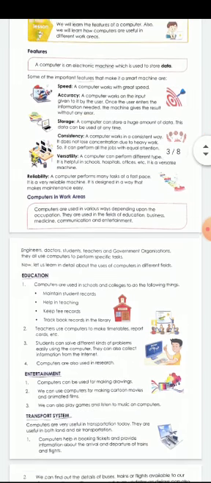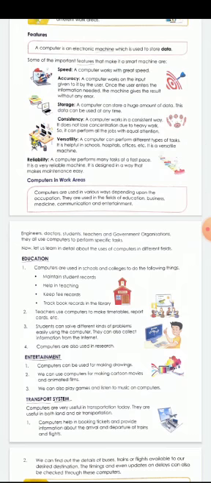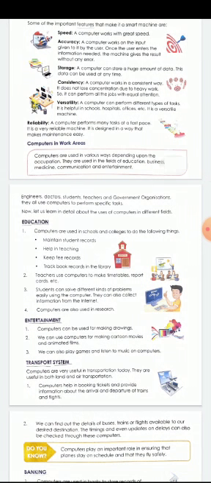Third one is storage. A computer has a large storage space, so we can store a large amount of data in it. Next, consistency. Consistency means a computer works on several jobs at a time, but it gives equal importance to each and every job. Maintaining that equal importance is called consistency. Next, versatility.